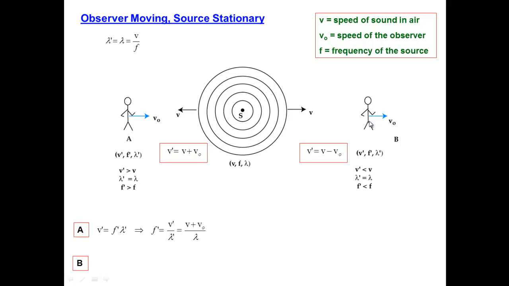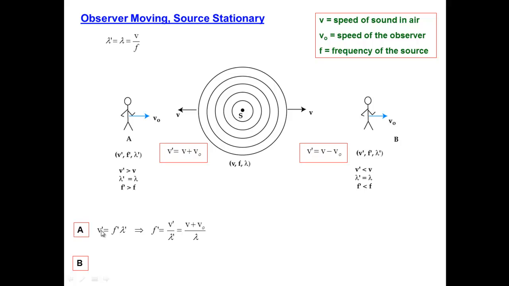While for the observer moving away, B is moving away from the waves that are chasing, so the net speed is smaller. V prime over here is v minus v0. As a result of this, the wavelength is the same. Then for A, the frequency goes up, while for B, the frequency goes down.